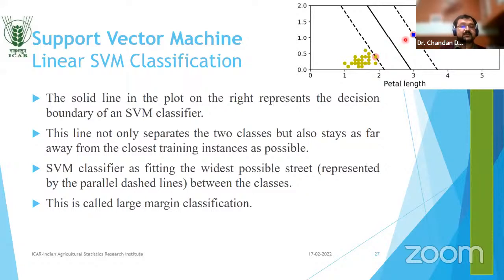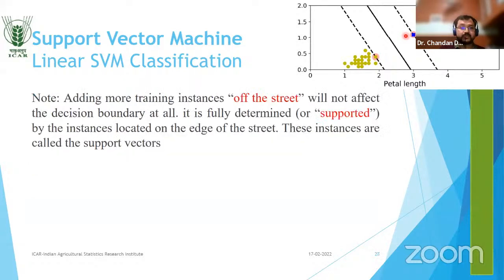So that wide road is more generalized, because a new object can be classified very well. So that is how a wide road helps your classification.